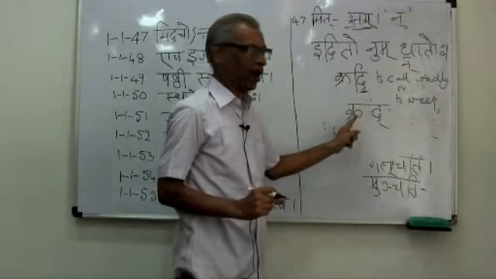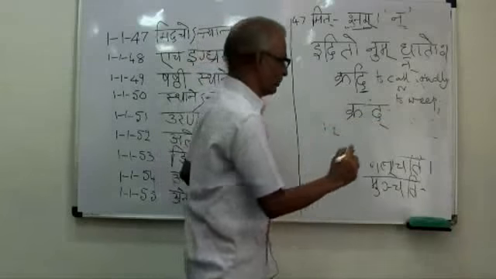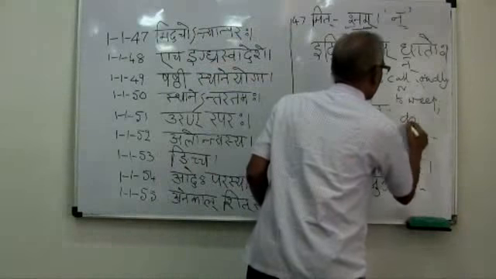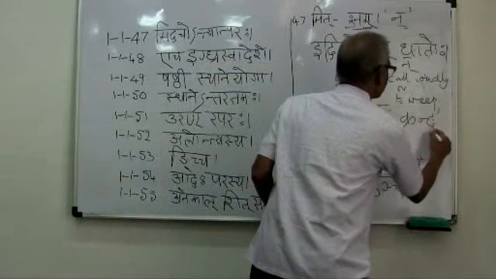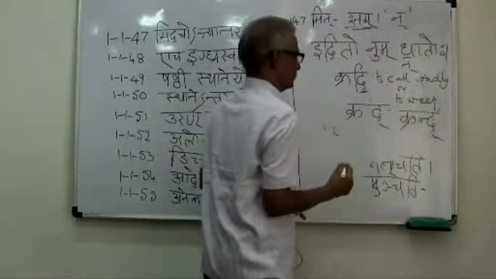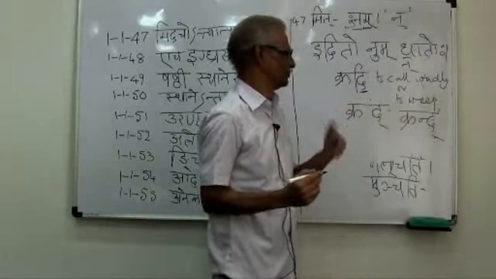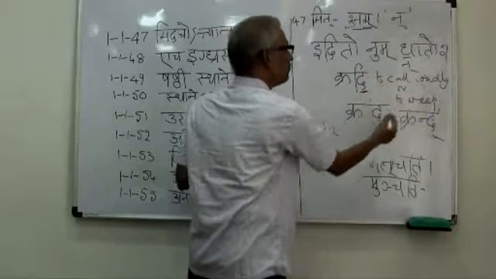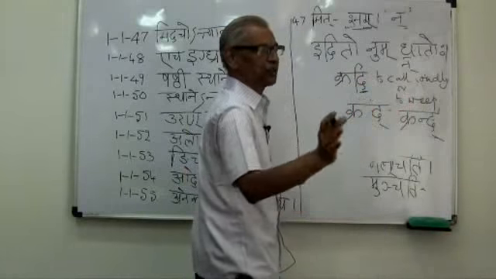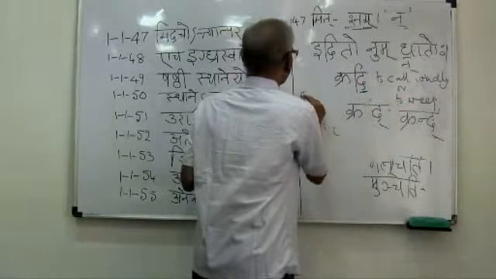Akara is the vowel. Next to akara it will come. So, krand. It will be krand. Nakara after akara. Krand will be the actual dhatu on which the pratyaya has to be formed.